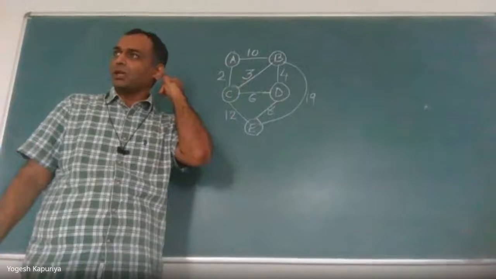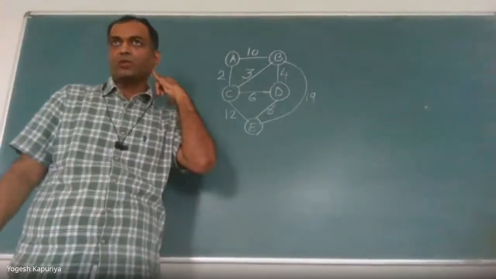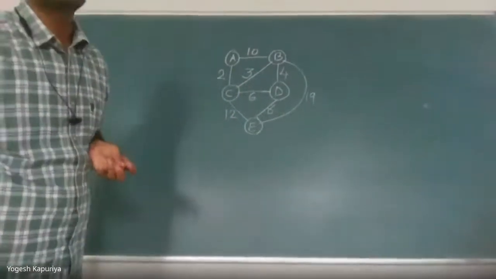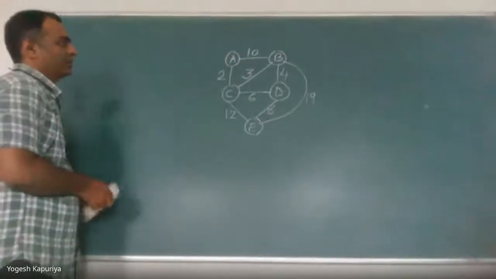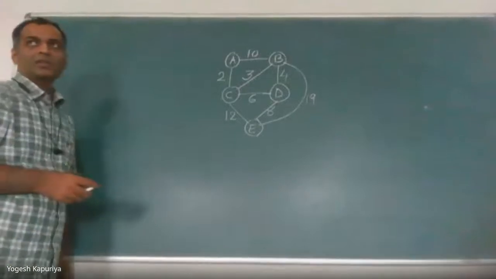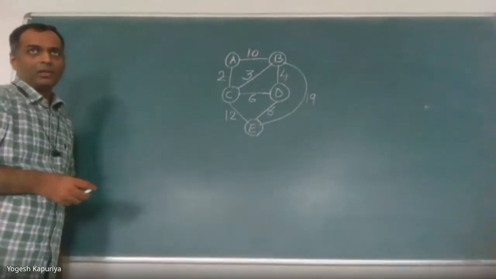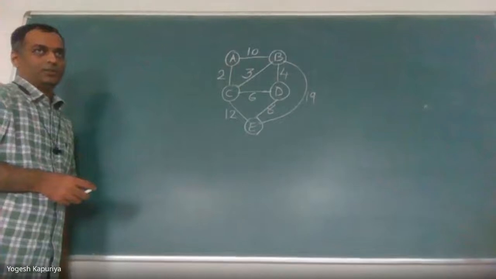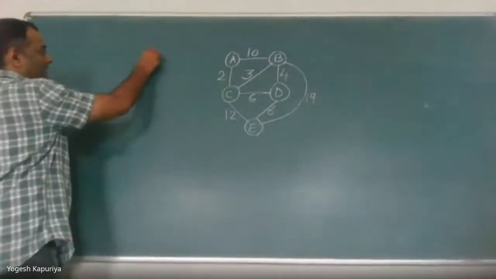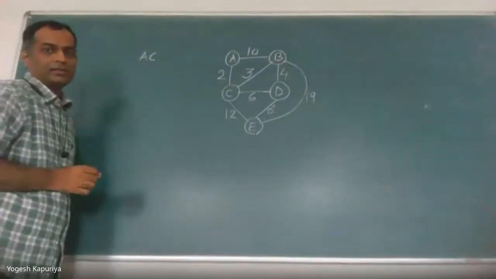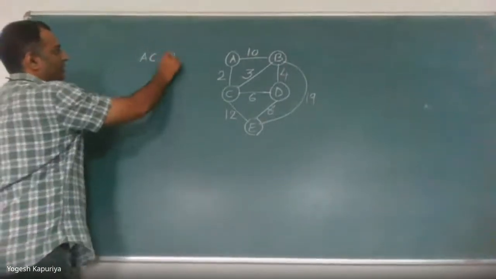Now what Kruskal does, first of all, it lists out all the edges in sorted order. Which will be the first edge in the sorted order? I am sorting in ascending order. So the first is AC, total weight is 2.